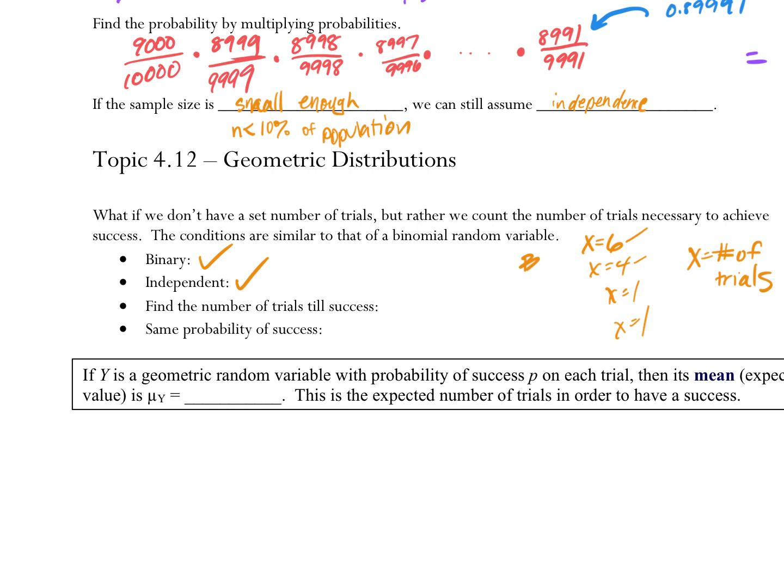Set number of trials. Geometrics, we don't have a set number of trials. And the variable is the number of trials we need until success, or the number of trials until the first one, okay? Keep the words until and first as good signal words too that you should be using the geometric probabilities instead of the binomials, okay?